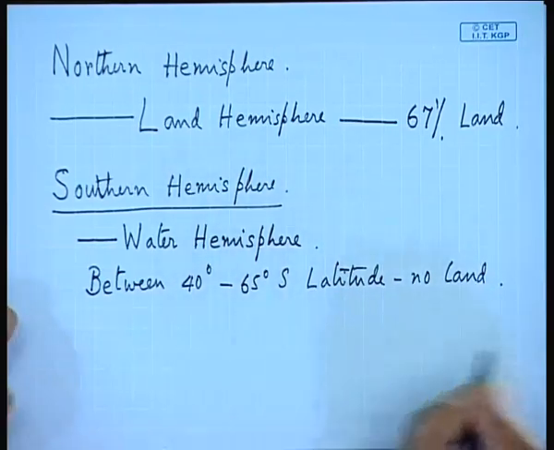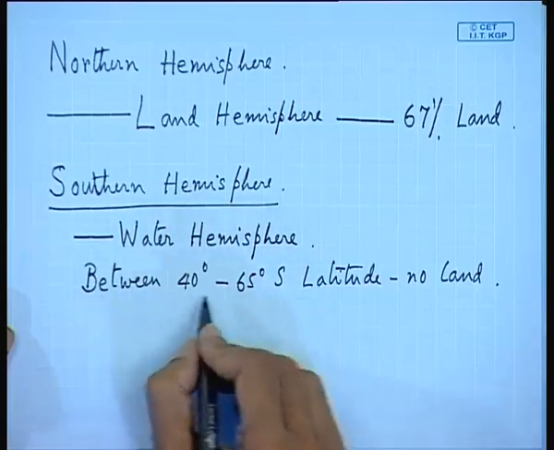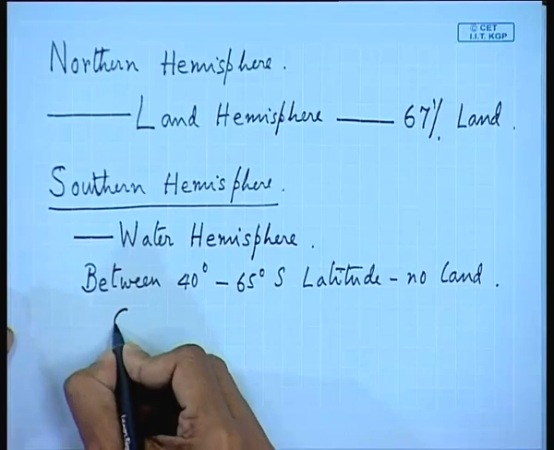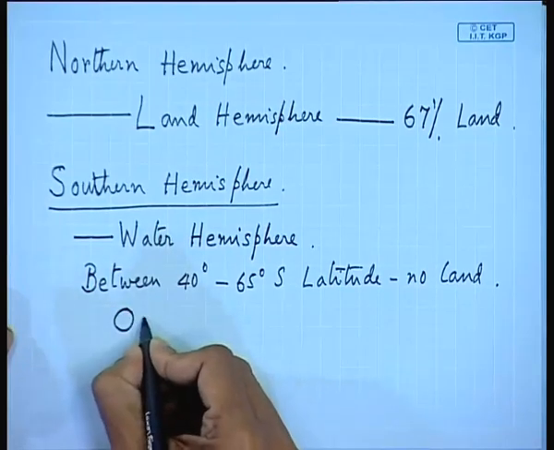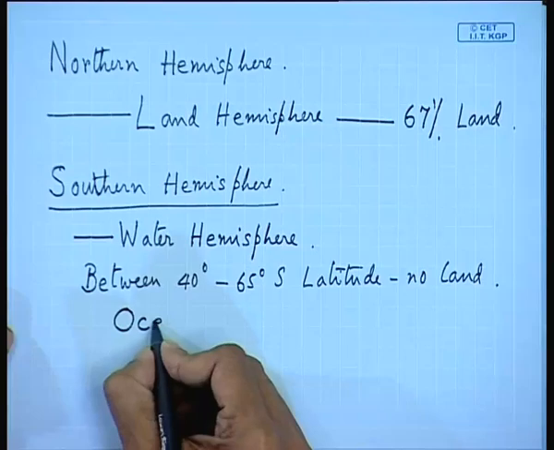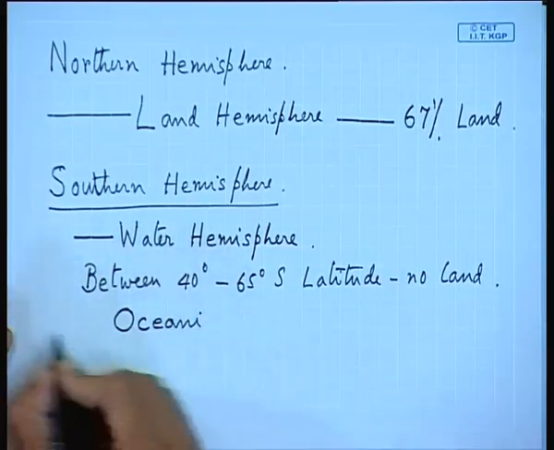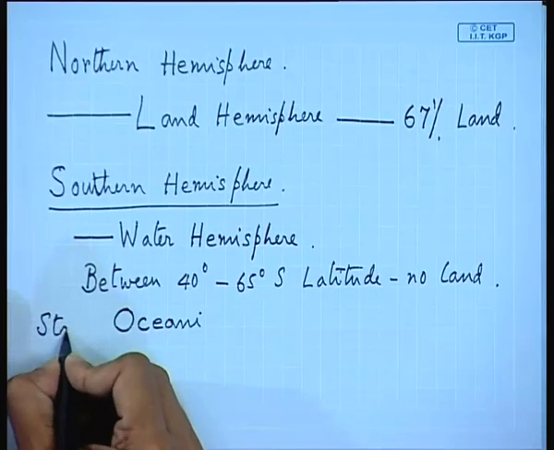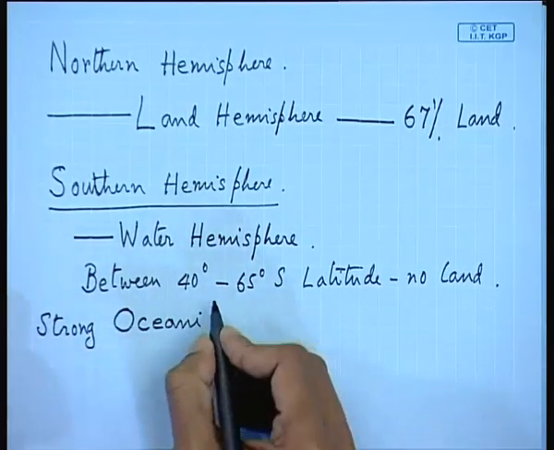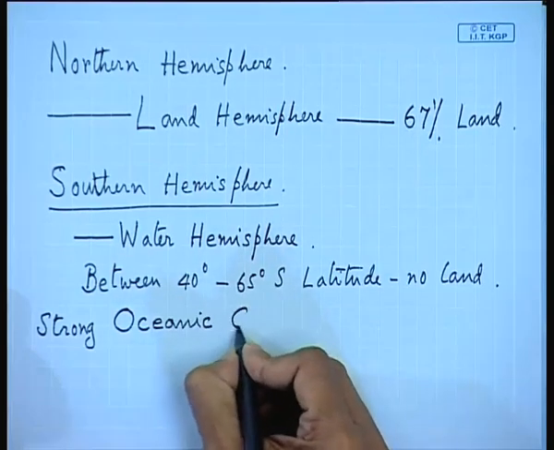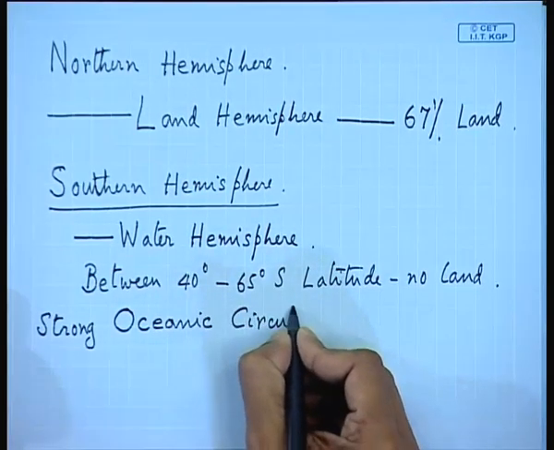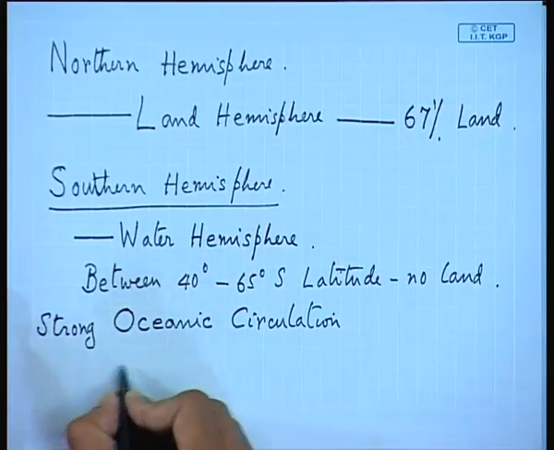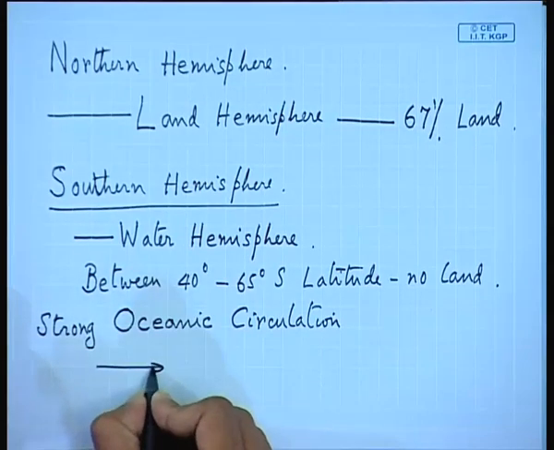Because of this, between 40° and 65° there is a huge amount of ocean current which causes a global circulation. So, there is a strong oceanic circulation. This is called the roaring forties.